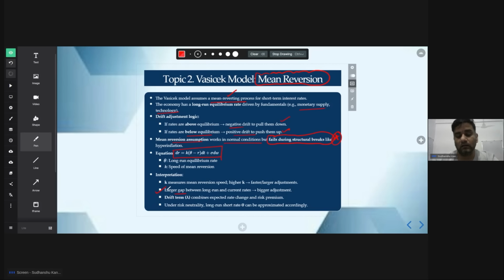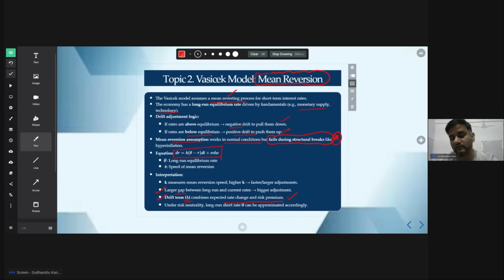Then there is a drift term, which is your lambda, which is interpreted as your expected rate change plus your risk premium. It is very similar to what we considered in the previous model when I talked about how we can look at lambda.